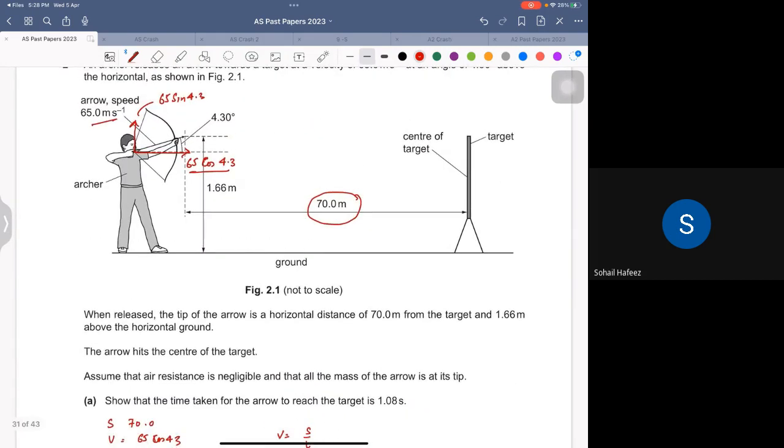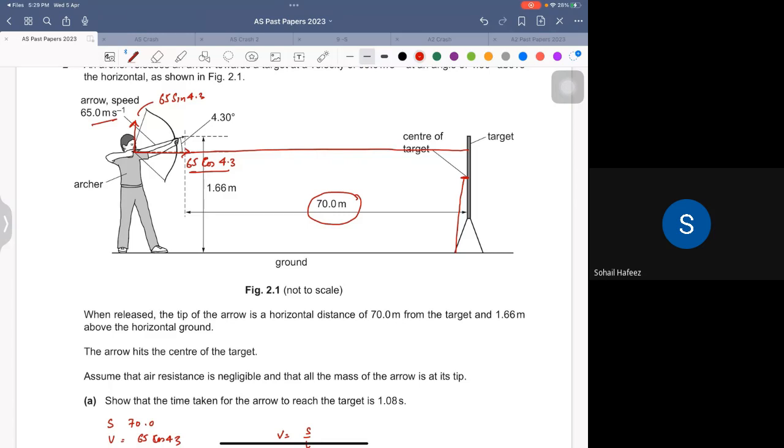So this is the center of the target, and you got to find this height. Interesting. So I'm saying this is where the height was when it was released. How would we go about it? I don't exactly know, but let me see.